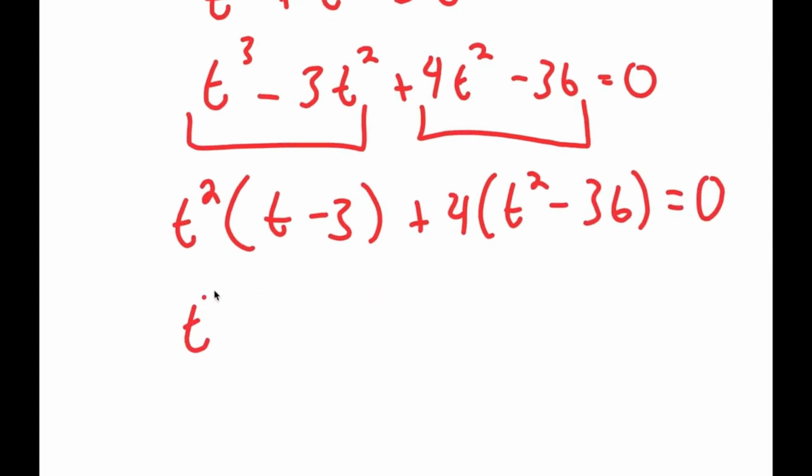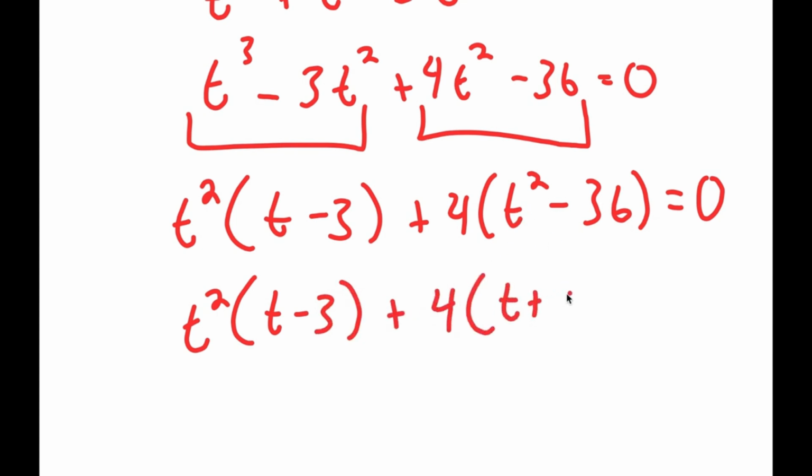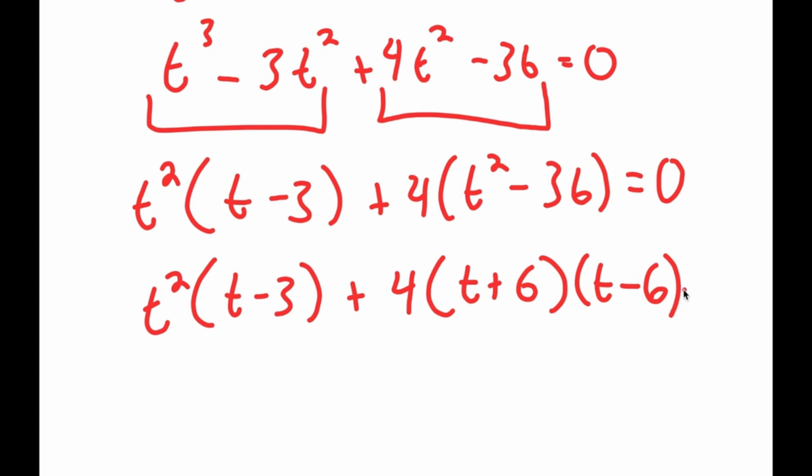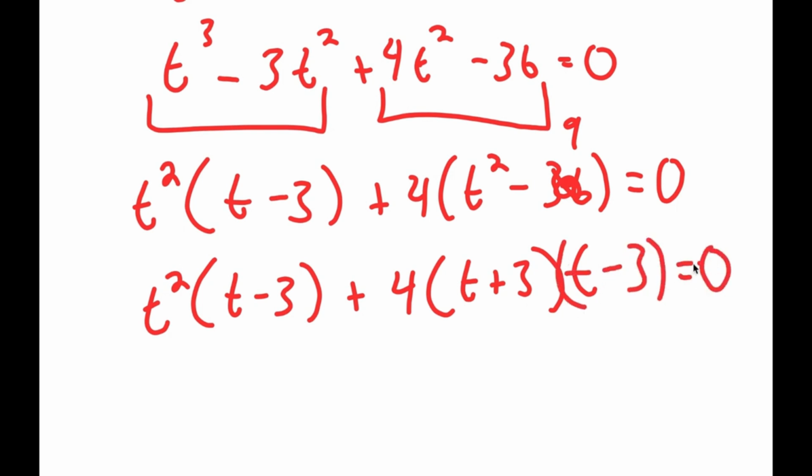And t squared minus 36 is the same thing as t plus 6 times t minus 6. Sorry, this isn't supposed to be 36, this is supposed to be 9. So I get t plus 3 times t minus 3 is equal to 0.